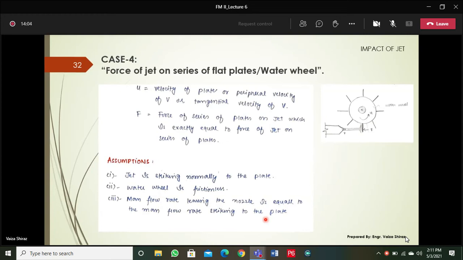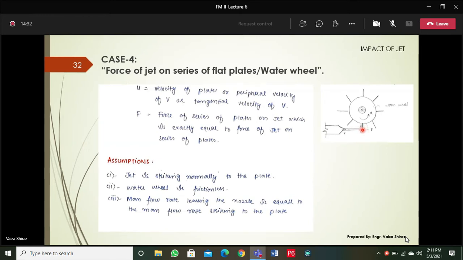लेकिन इस केस में हम assume कर रहे हैं that the mass flow rate leaving the nozzle is equal to the mass flow rate striking the plate. अब ये assumption आप किस basis पे कर रहे हैं? इसकी reason क्या है that you are having a number of plates which are moving around one center. अब इसका यहाँ पे application कैसे है? Please note down the movement of this cursor. Say this is the position of your first plate.